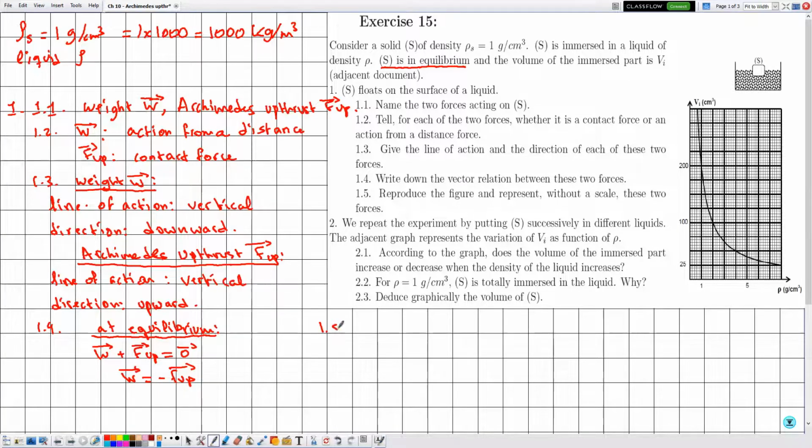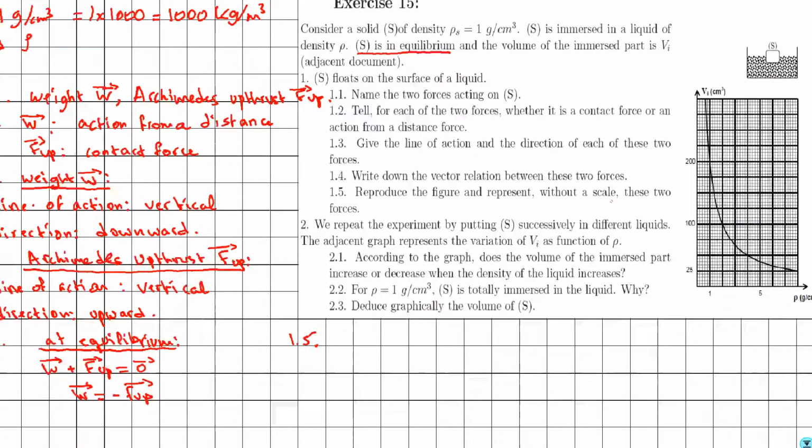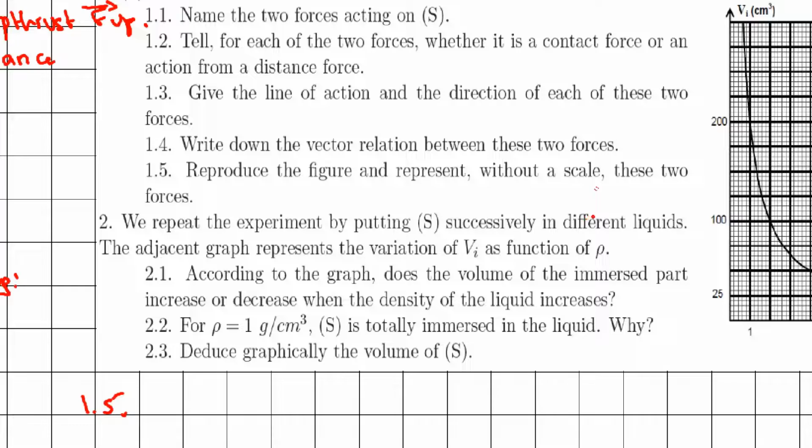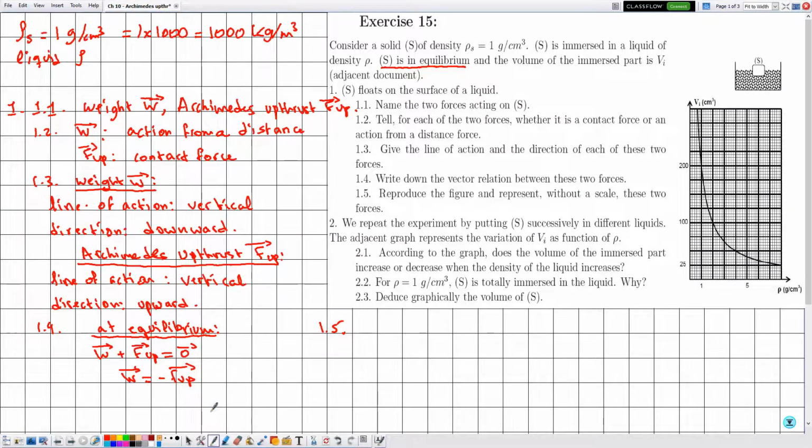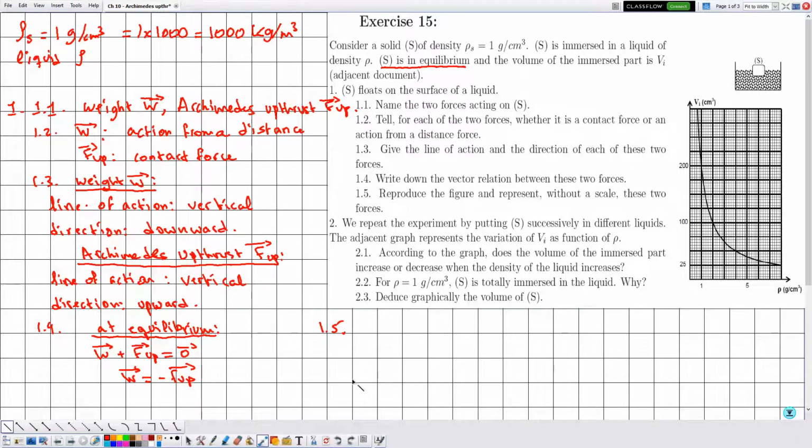Now in 1.5, reproduce the figure and represent without a scale these two forces. So they are telling me represent. In other words, we need to draw the forces acting on the solid S without a scale. So let's first reproduce the figure. So let's suppose this is the container.